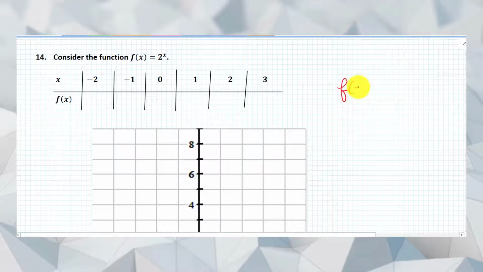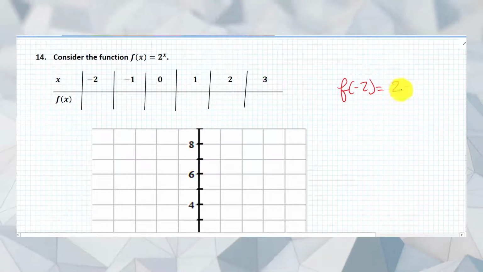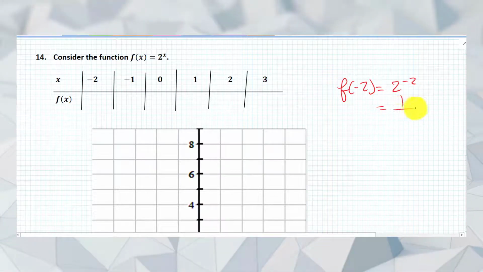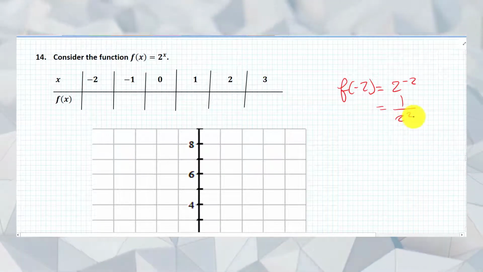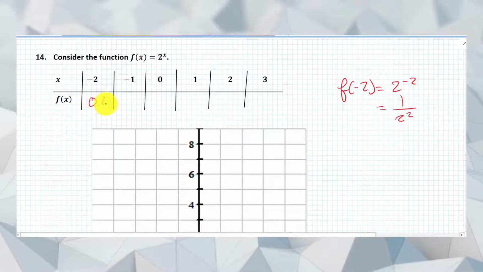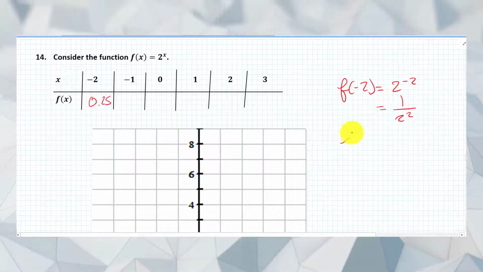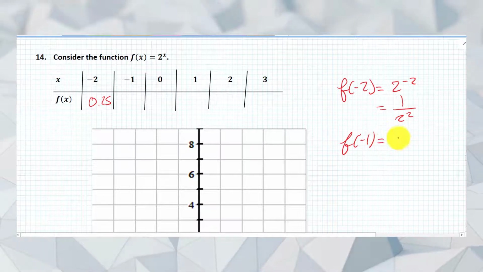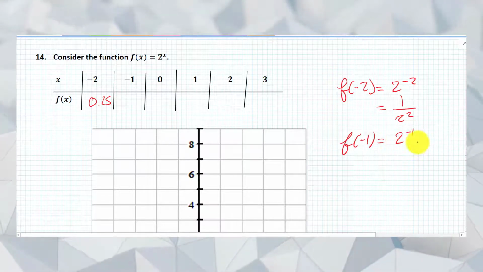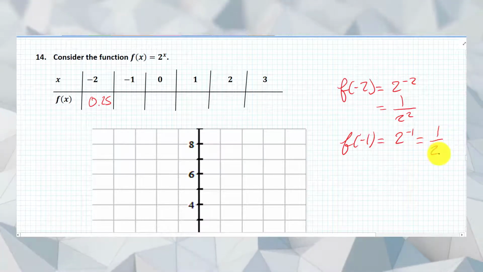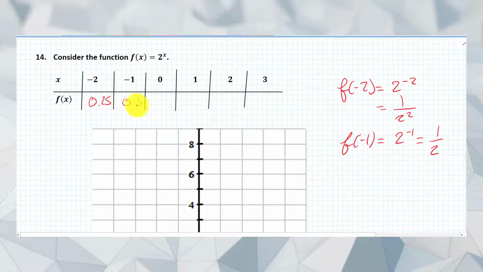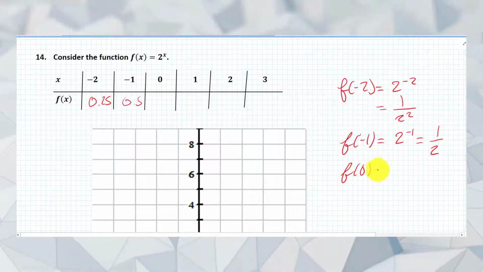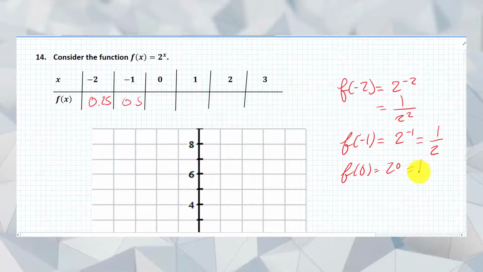Well, f of -2 is 2 to the -2. 2 to the -2 is 1 over 2 squared, and so it is 0.25, 1/4, right? f of -1 is 2 to the -1 power, which is 1 over 2, so it's 0.5. f of 0 is 2 to the 0, which is 1.